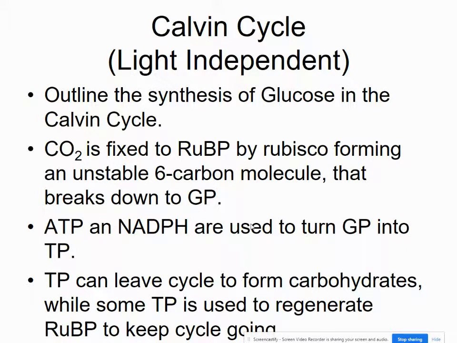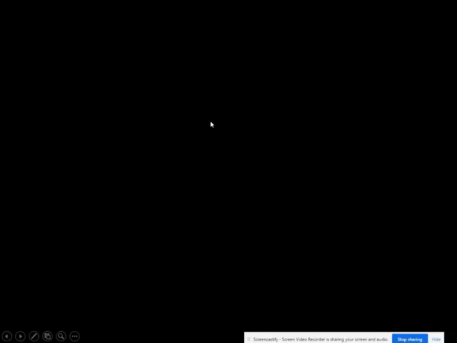Carbon dioxide is fixed to ribulose biphosphate using Rubisco, forming an unstable 6-carbon molecule that breaks down to GP. ATP and NADPH are used to turn GP into TP. TP can leave the cycle to form carbohydrates, while some of the TP is used to regenerate ribulose biphosphate to keep the cycle going.